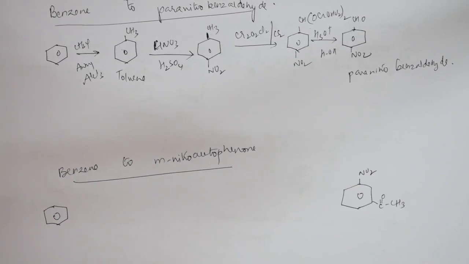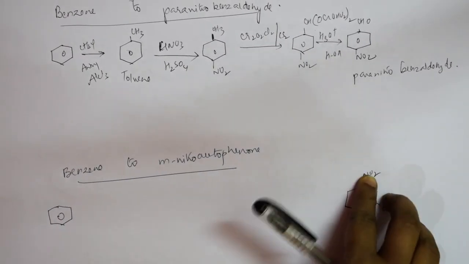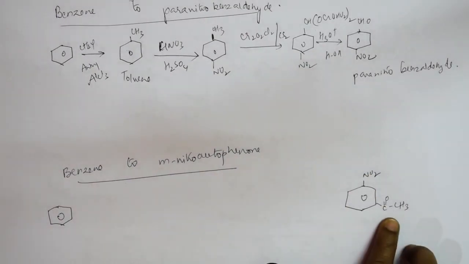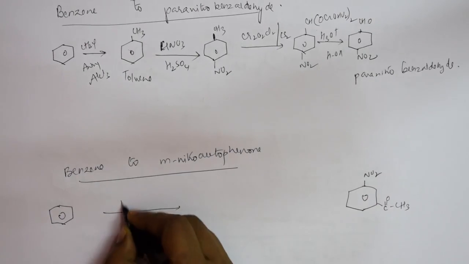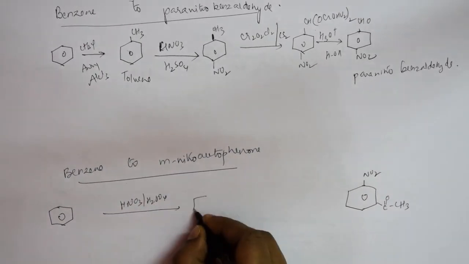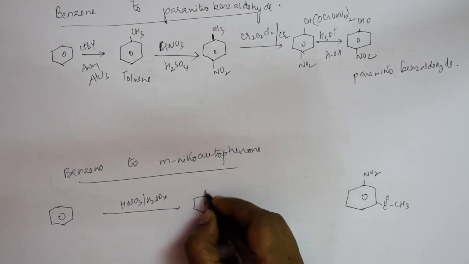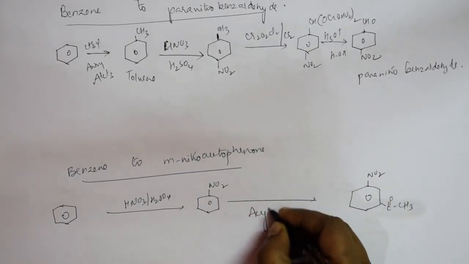Now what should I do? I have to introduce which group? I have to introduce the NO2 group, which I can do with nitration. I have to introduce this group, which I can do with acylation. Simple, isn't it? So first thing, try to do nitration, HNO3, H2SO4. Then immediately I am going to get benzene with NO2. Then I am going to do the acylation reaction.